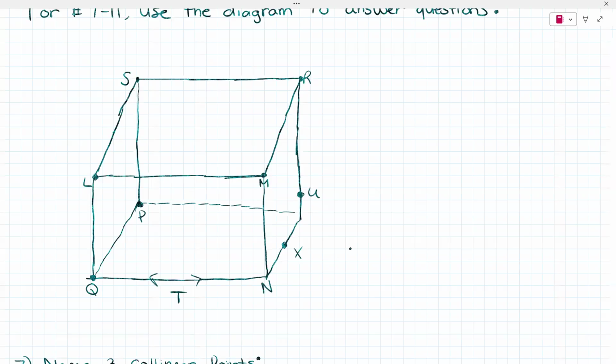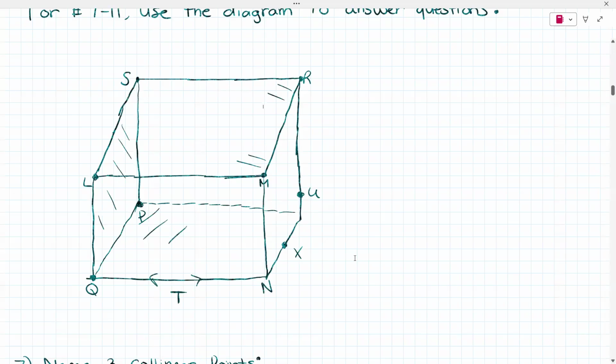And R. Yeah, so maybe LPMR, because here's L, here's P. L is on this plane, right? P is on this plane. And then M is on this plane. And then R is above here, right? There's several more. They're all in different planes.